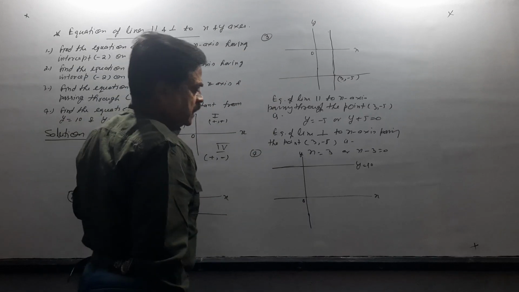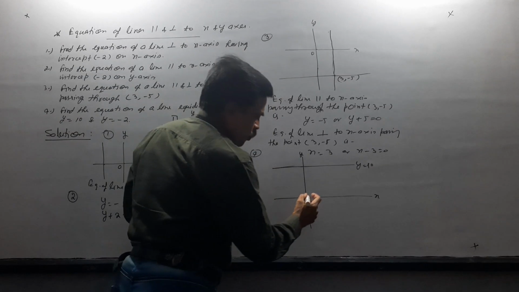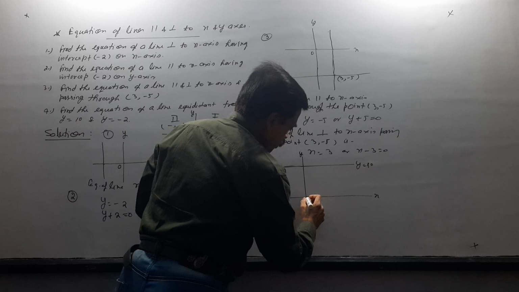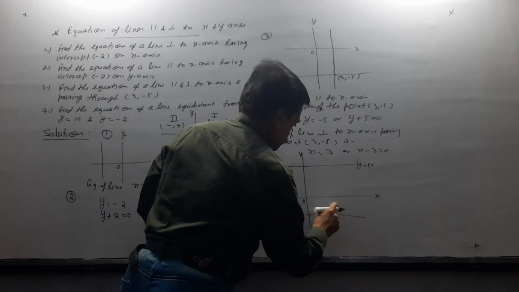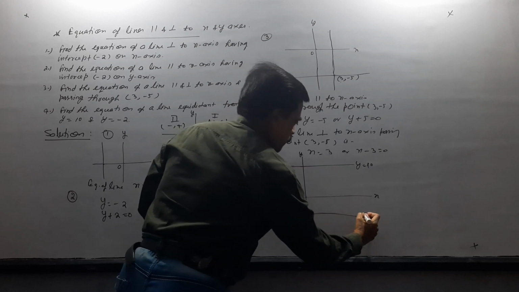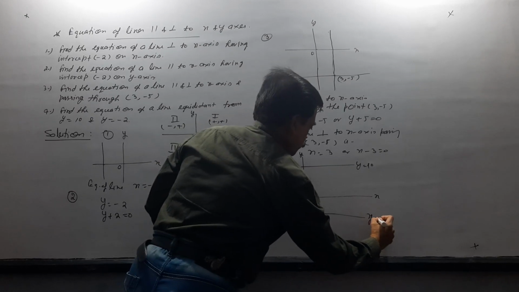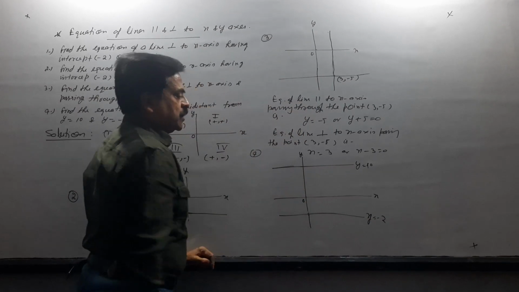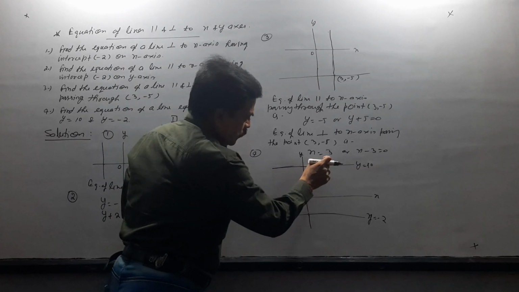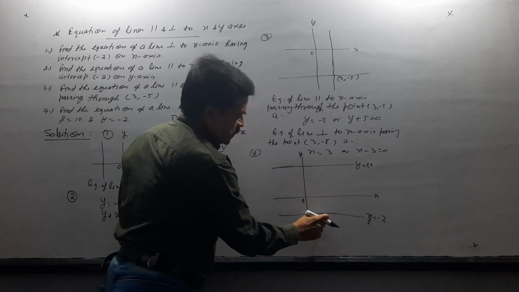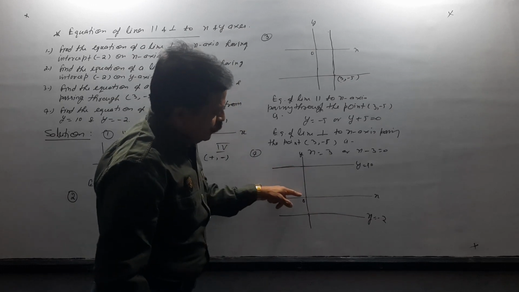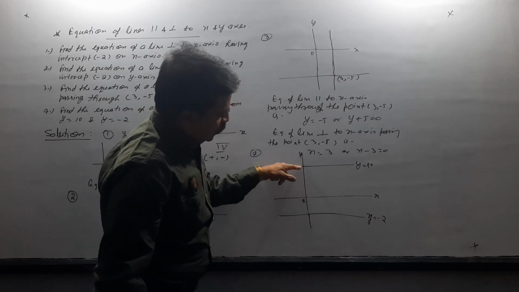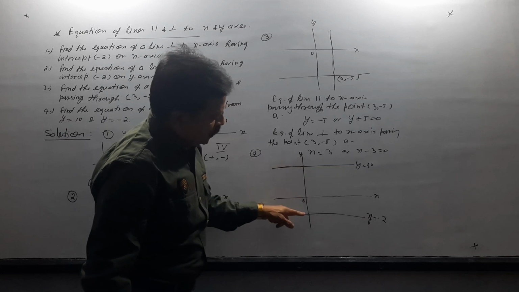And y equals to -2 is another line, 2 units below the origin. Line is this, suppose y is equal to -2 below the origin. So distance between these two given lines is 12 units, 10 units from origin to this point and 2 units from origin to this point.